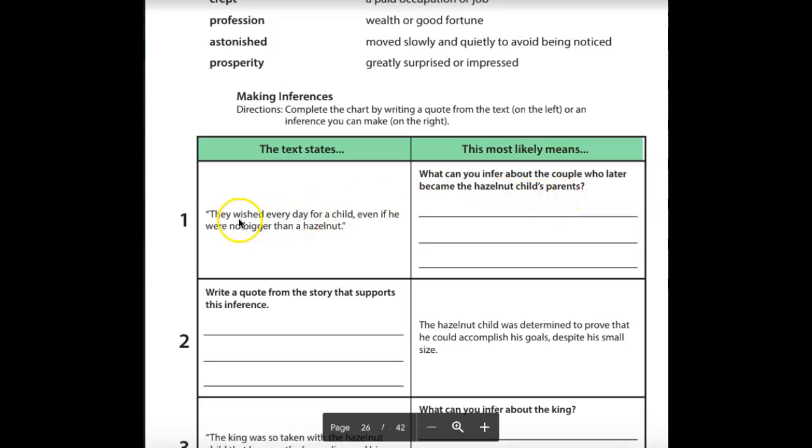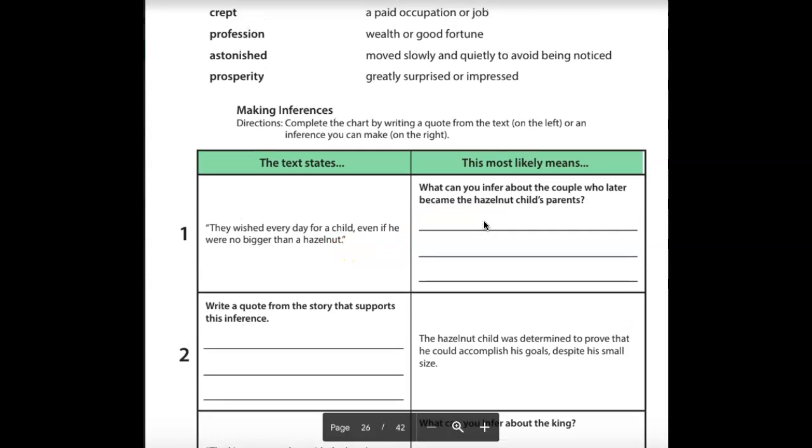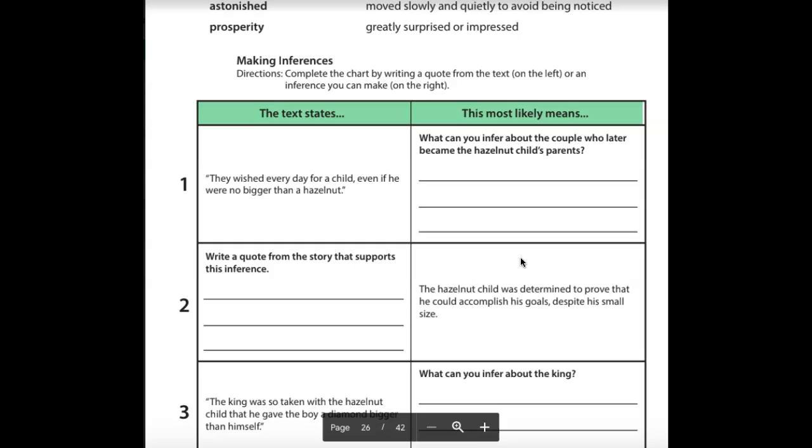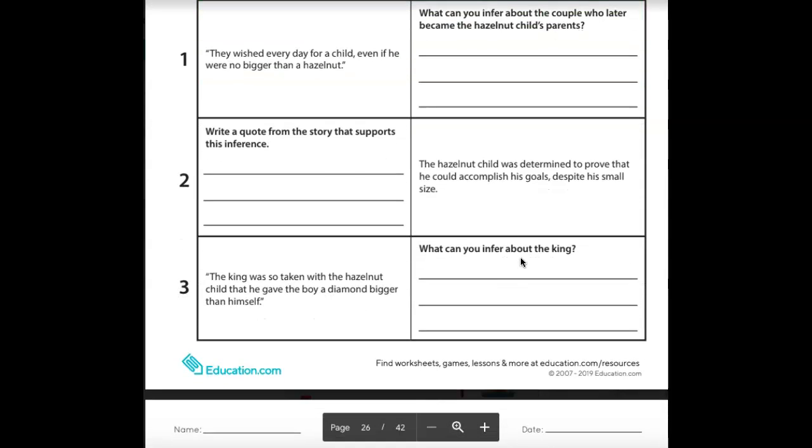What do you think that is saying about this couple and how badly they want a child? So this tells you that they want a child very badly.